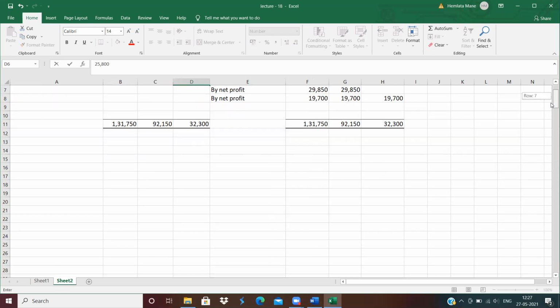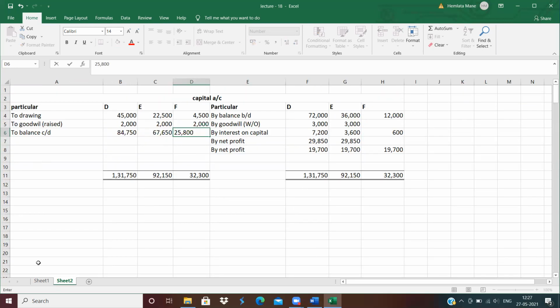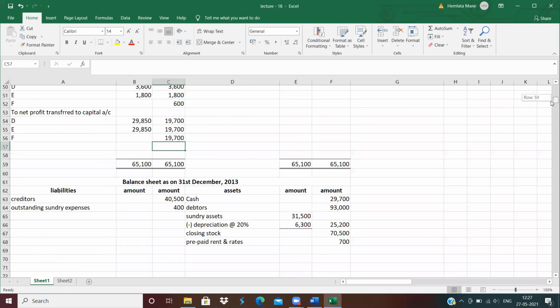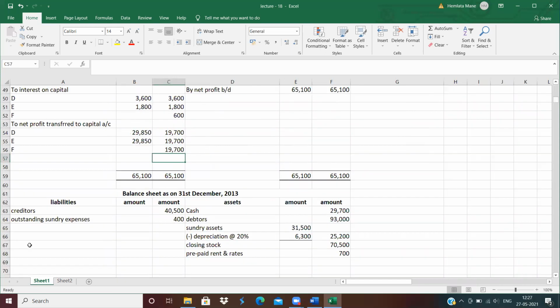Now write this carried amount in the balance sheet. Capital of who? D, E and F. How much is the capital amount of D?